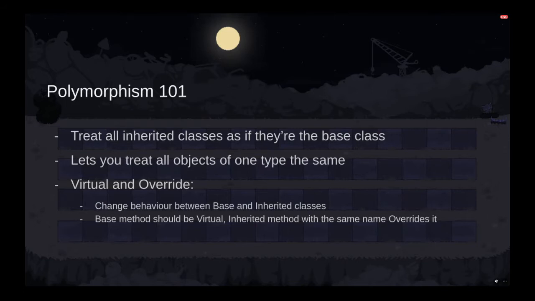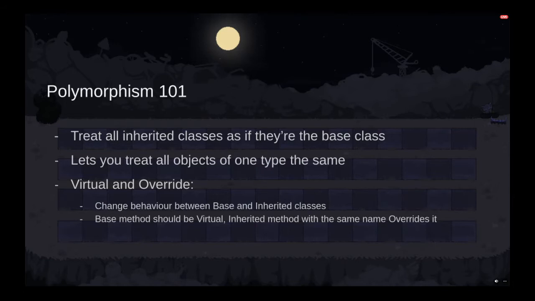To do that with functions, you use these keywords called virtual and override. In the base class, you create a virtual function, and you give it whatever your default behavior is. And then if you want to change that behavior in the child class, you rewrite the function, and instead of being a virtual function, you call it an override function.